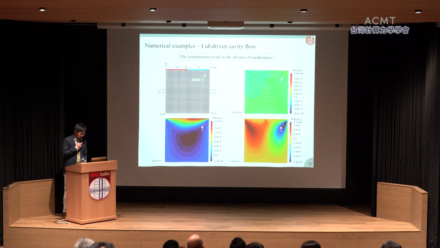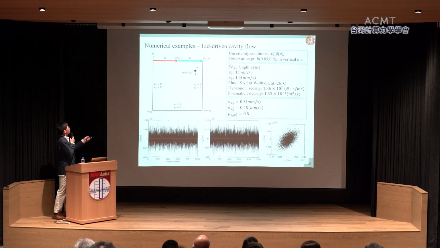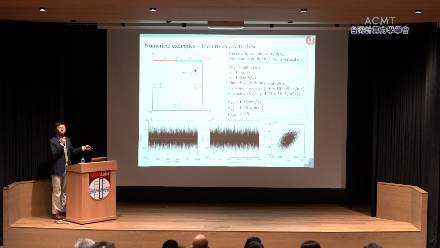So I have some results. Here is the lid-driven cavity flow. It's a very typical demonstration example. Suppose the excitation has some uncertainty. We describe the uncertainty in terms of average, standard deviation, and the correlation coefficient.